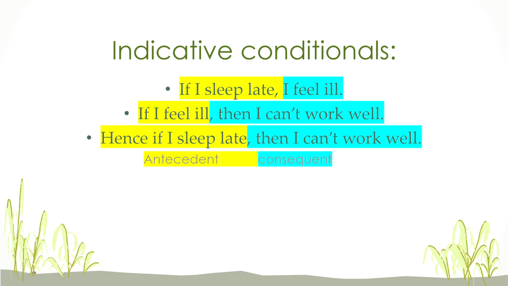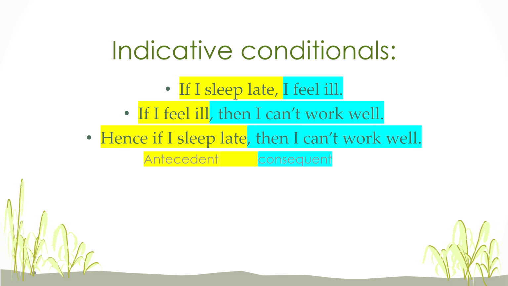So here is another example. If I sleep late, I feel ill. If I feel ill, then I can't work well. Hence, if I sleep late, I can't work well. So it's the same thing. The first two sentences are the premises, and then we have the last statement, which is the concluding statement.